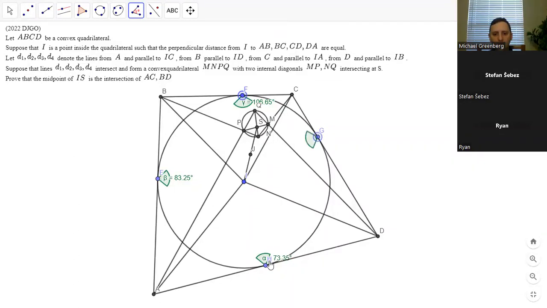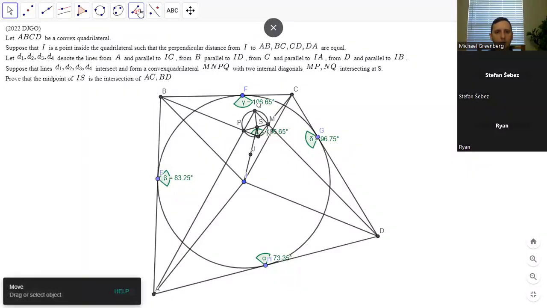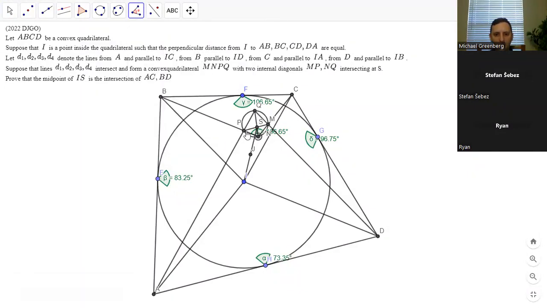See, that's interesting because F corresponds to N, but E corresponds to P. I don't even know if these are, I think they have to be similar.